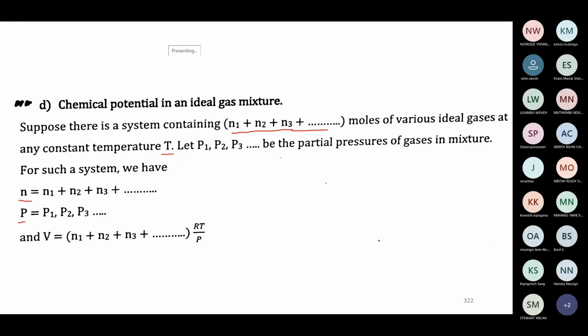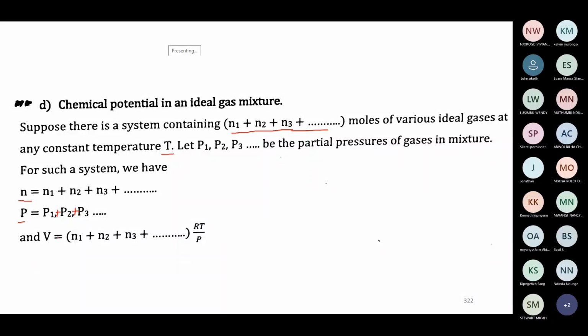Then the total pressure of that particular mixture is going to be given by P1 plus P2 plus P3 and so on and so forth.